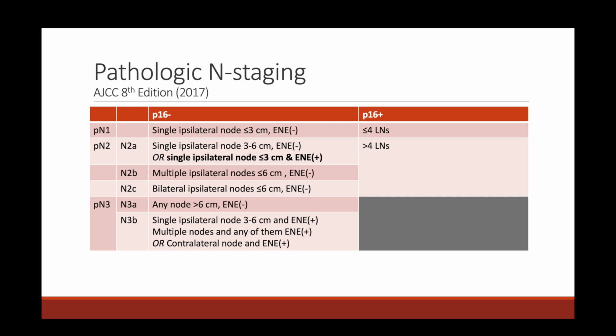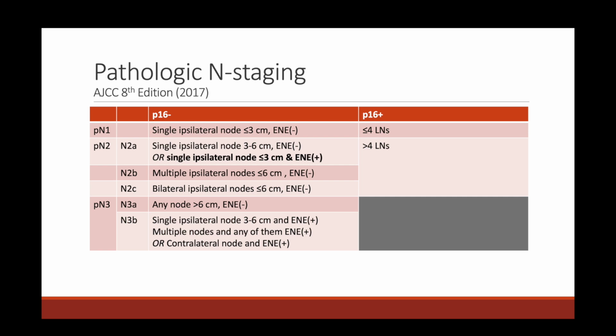Only if it's a single ipsilateral node less than or equal to 3 centimeters in size with ENE. That would be an N3B by clinical staging, but it's an N2A by pathological staging. And that is the main difference. Everything else lines up exactly with the clinical nodal staging.